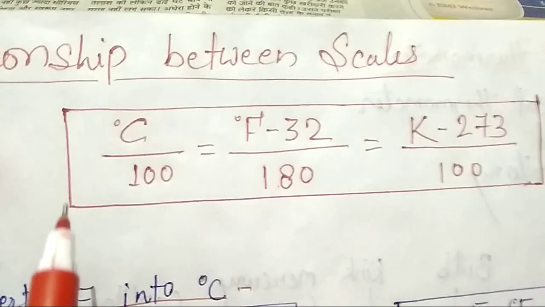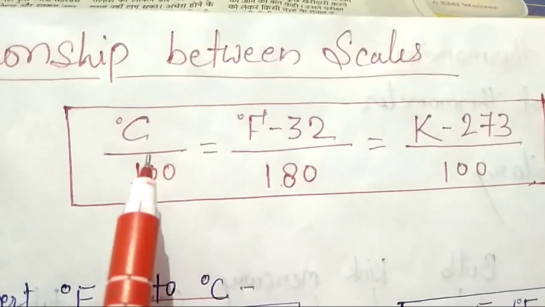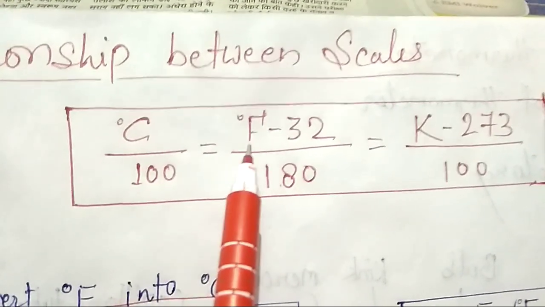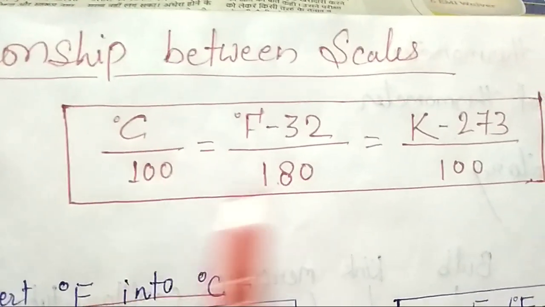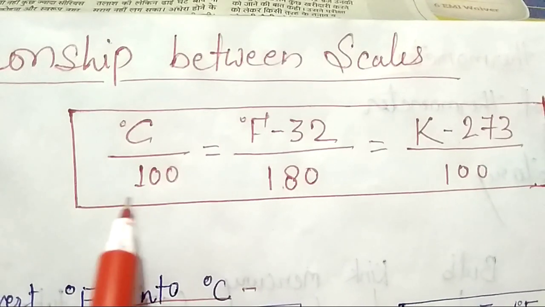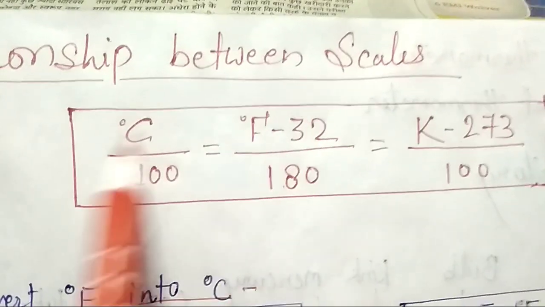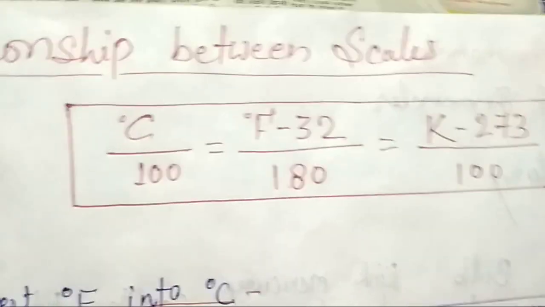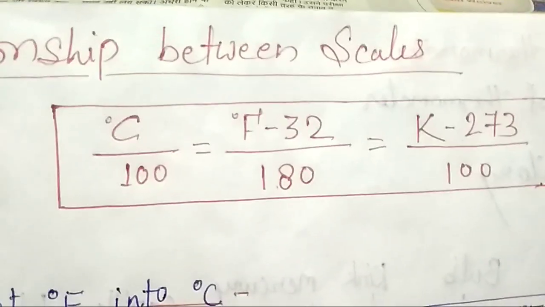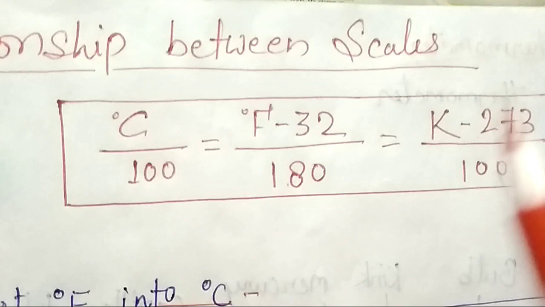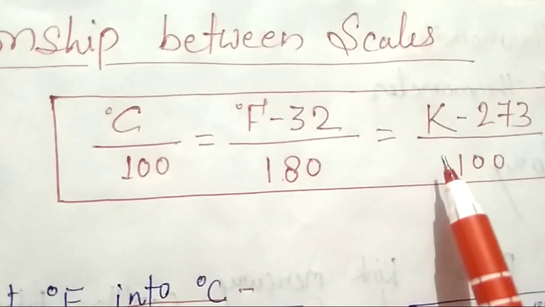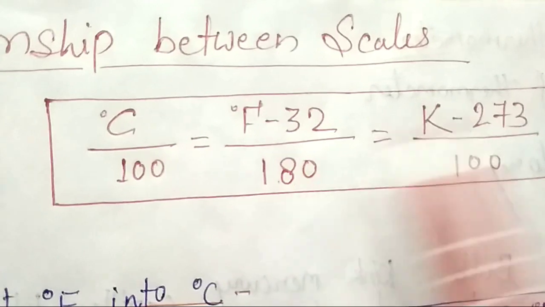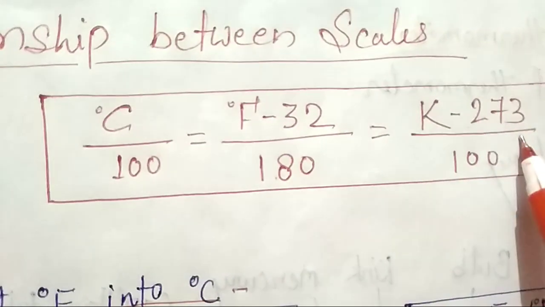To find the value of degree Celsius, if degree Fahrenheit is given, we use these two steps. And if we want to find the value in Kelvin and degree Fahrenheit is given, we use these two steps.